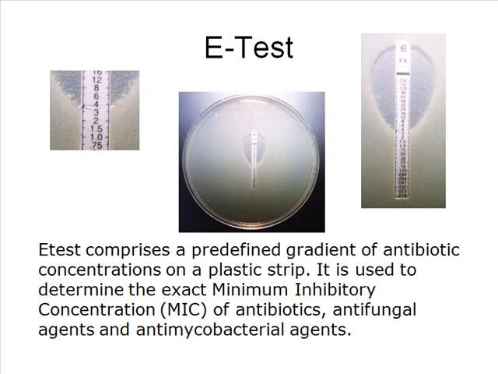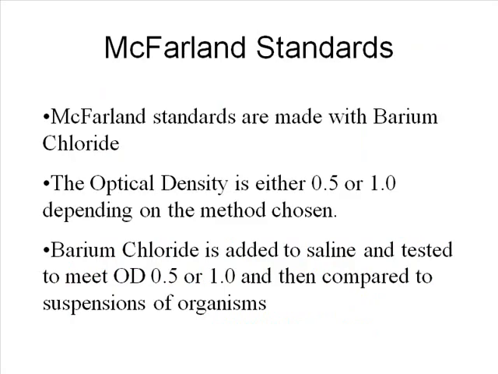The E-test is also done. E-test is just done a little bit differently because you're measuring kind of this teardrop area zone. All right, and this can be done on organisms that are more fastidious, for instance, on a Mueller-Hinton plate with blood.